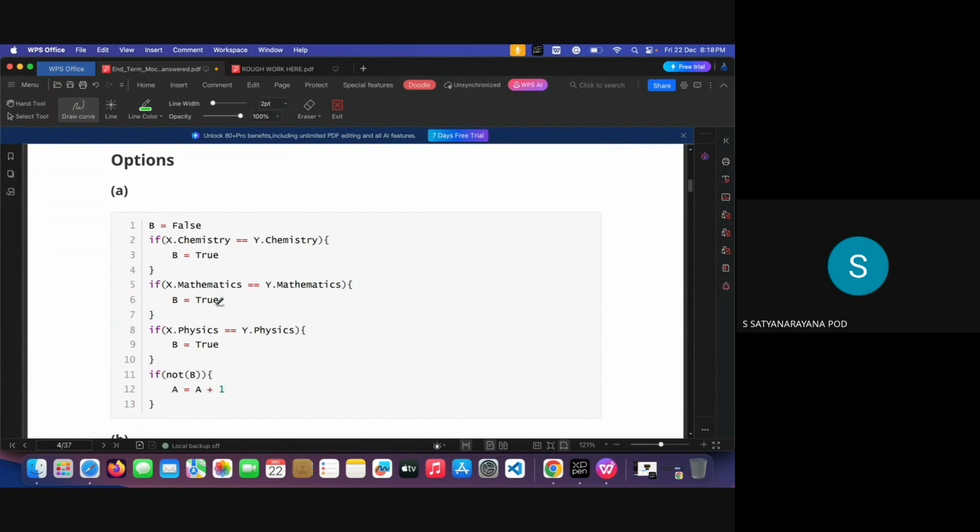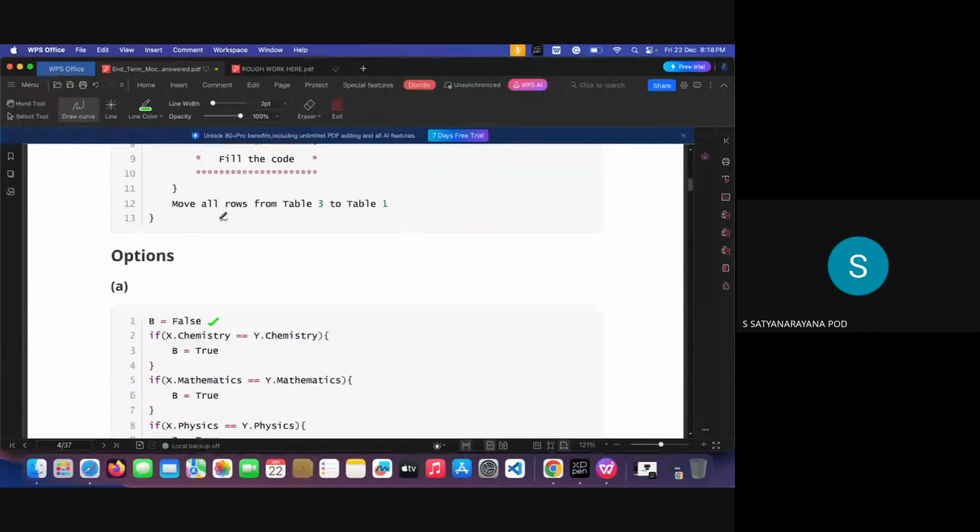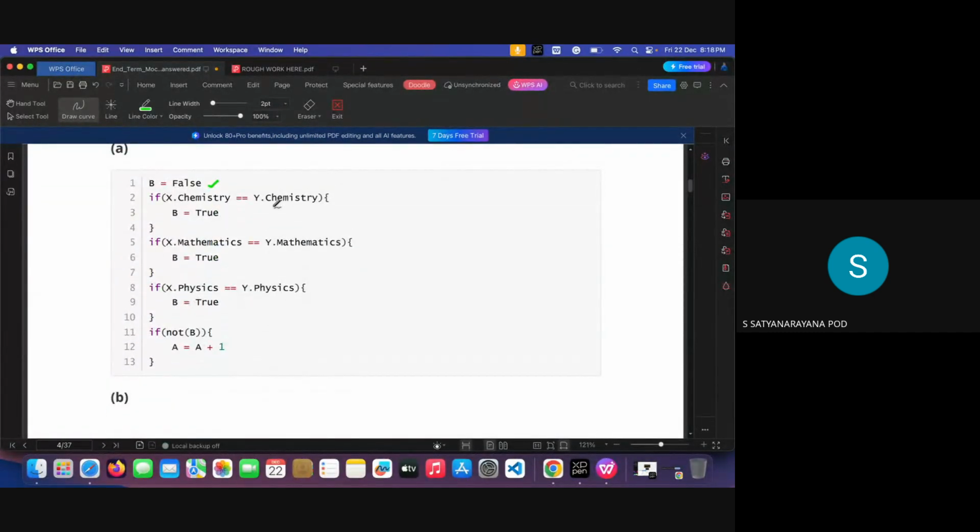Now, B is initially taken as false because only the missing code is what we have to fill in, no? Yes. So X is the first card of the pair, Y is the second card of the pair. Whether these two have the same chemistry marks, then B is true. Whenever equal chemistry marks, equal mathematics marks, equal physics marks are there... what happens is, if chemistry marks are equal, this will become true.